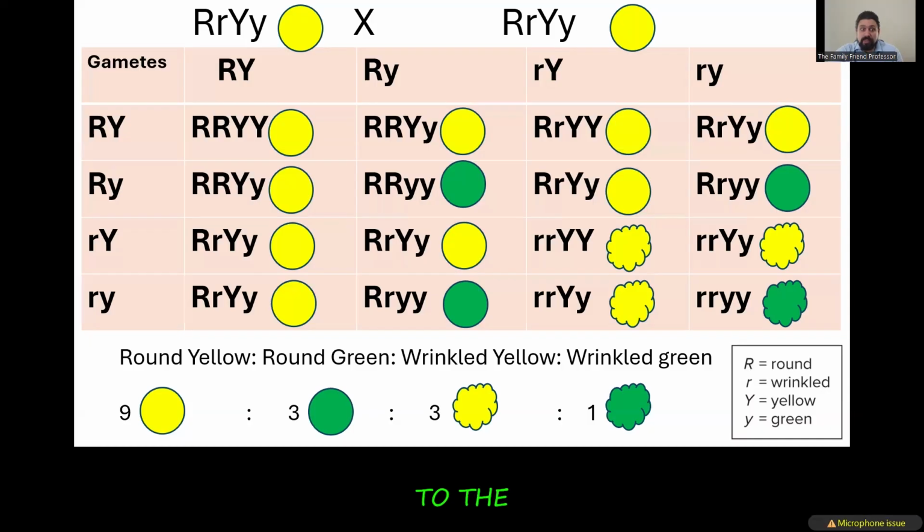So we have now seen new combinations that we didn't see before. Mom was yellow and round, and dad was green and wrinkled, but now we have new recombinations, stuff that we haven't seen before. So we have green and round, and yellow and wrinkled.